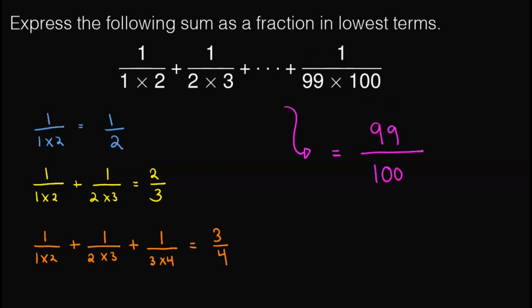And so the outcome of this expression is simply 99 over 100. And note that this one is already in lowest terms since 99 and 100 don't have any common factors. So that is the answer for this problem.